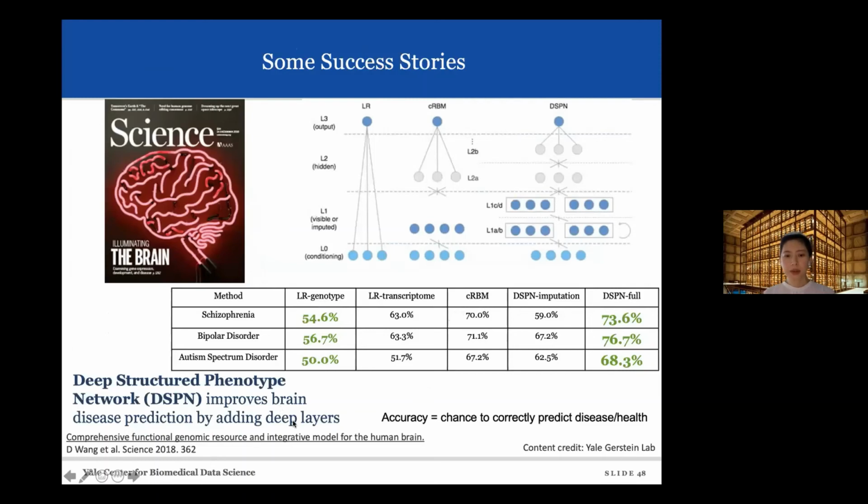This one was about using deep learning to improve brain disease prediction. All these diseases we had trouble identifying, understanding, and then making proper detection and prediction. By using deep learning tools, you can tell there is a significant improvement in the outcome.